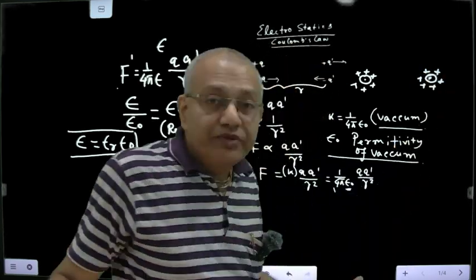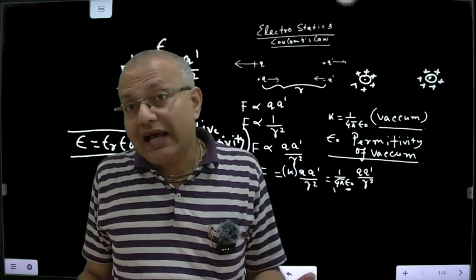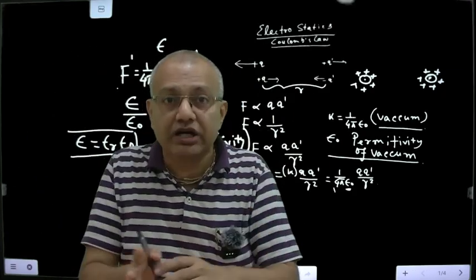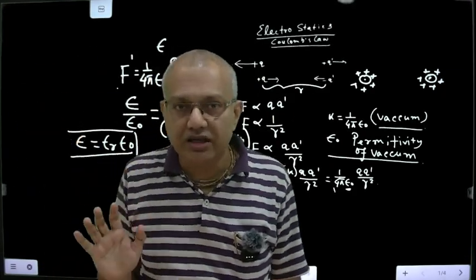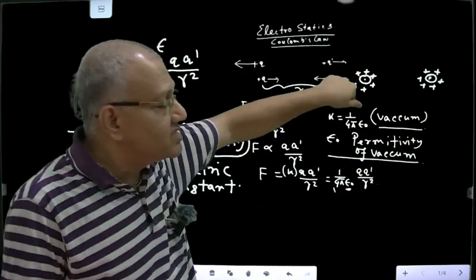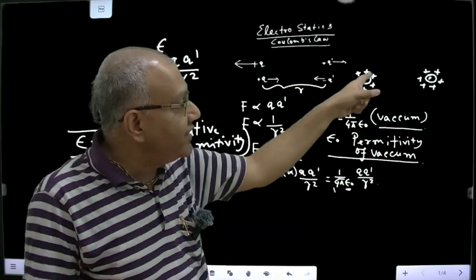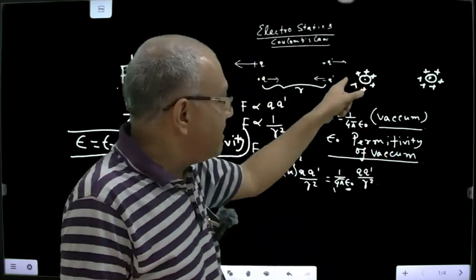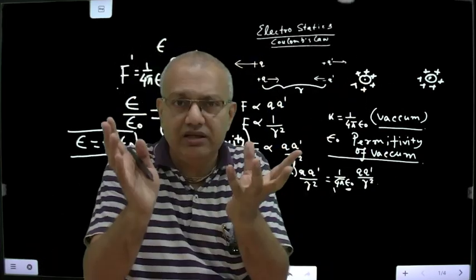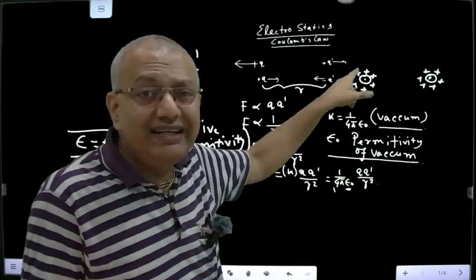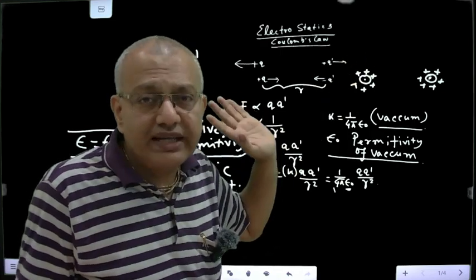Just like in class 11, we have done the center of mass. The mass is scattered in a certain region, so we can calculate the center of mass. You know, I think so. So here also, if scattered charge is distributed in a certain region, we have to take the center of charge. There is some formula for it. But suppose I take a uniformly charged sphere, then we are going to take the center of the sphere as the center of charge.